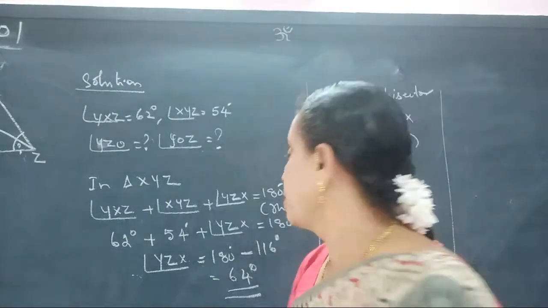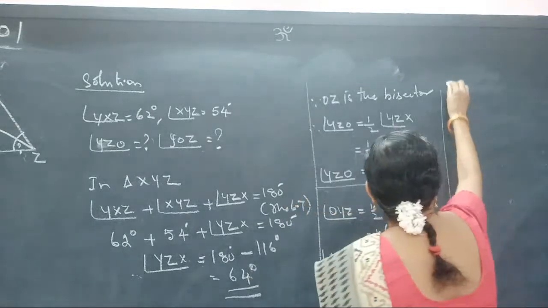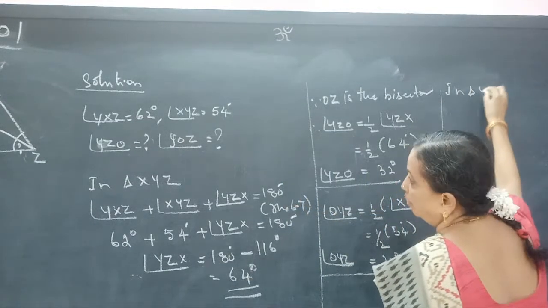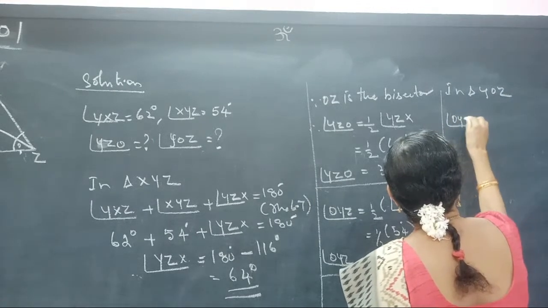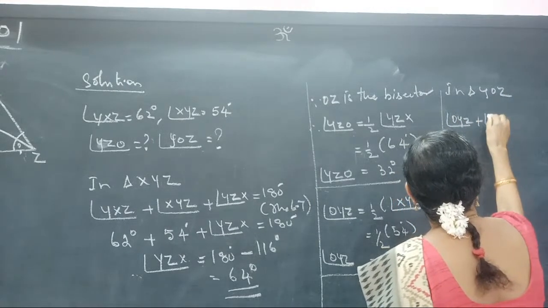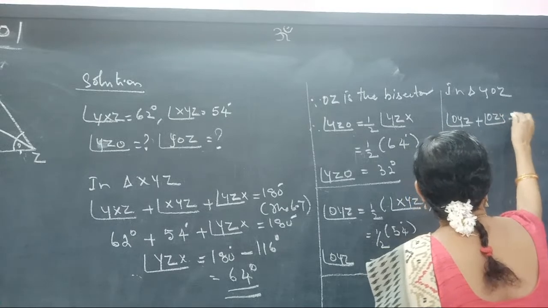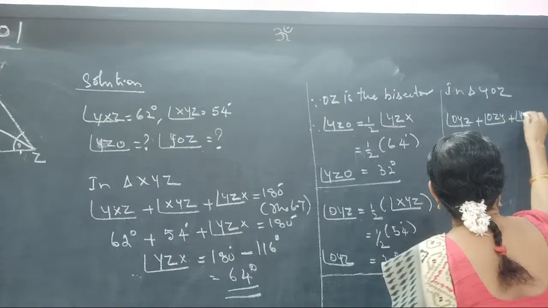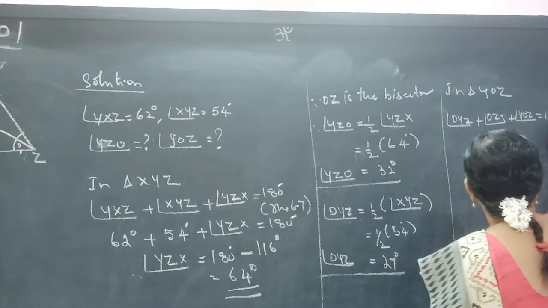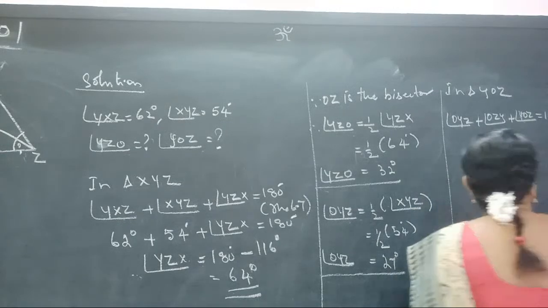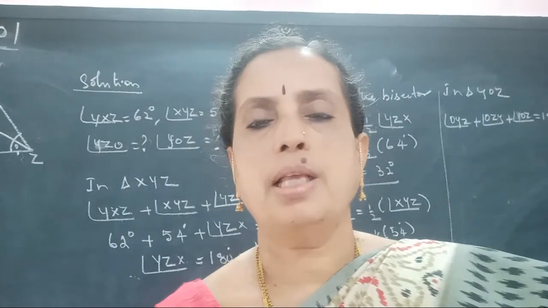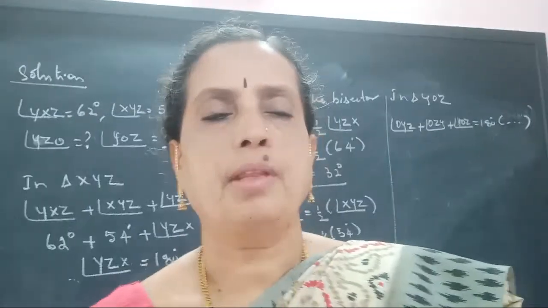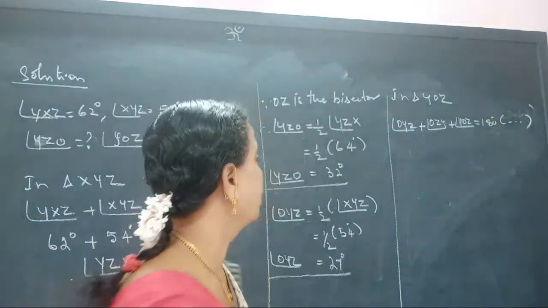Okay. Next part is in triangle YOZ, angle OYZ plus angle OZY plus angle YOZ equals 180 degree. Write the reason using the theorem number 6.7.